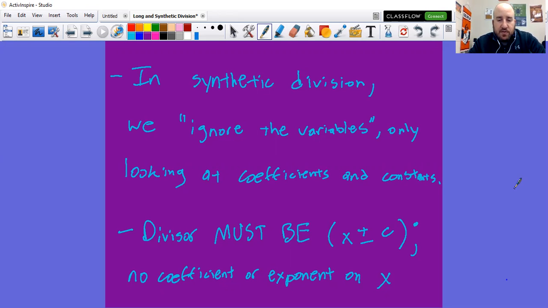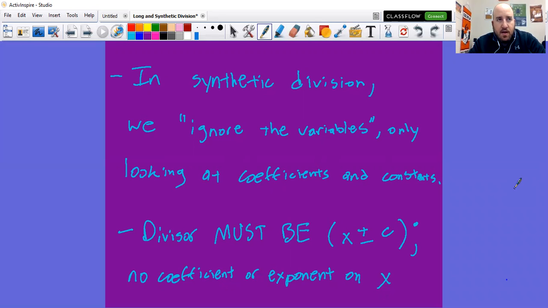But you can't do synthetic division regardless if your x has an exponent. So if you just had x squared minus 3, or a full quadratic, 2x squared plus 6x plus 21, you can't do synthetic division with that. You would have to do long division. And even for our constant, we're going to stick with constants that are whole numbers. You still could do this if you had a constant that was a fraction.